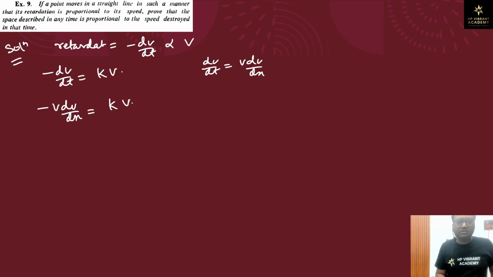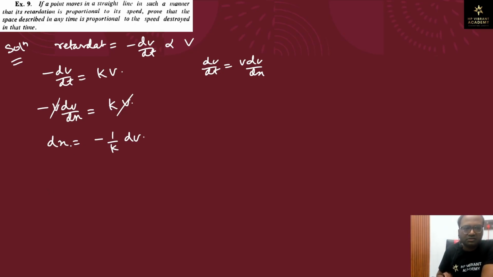So this we can cancel. We have dx is equal to minus 1 upon k of dv. Let us integrate this. This gives x is equal to minus v upon k plus a constant of integration.